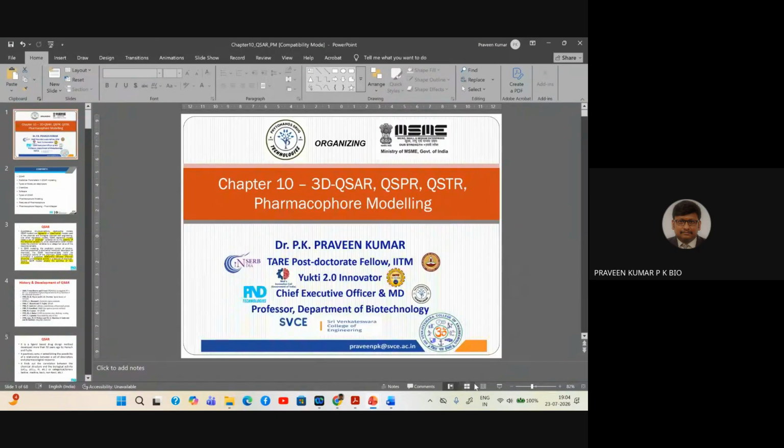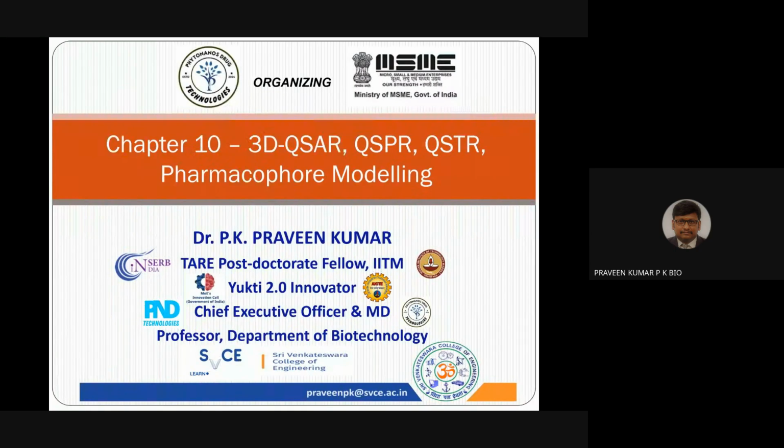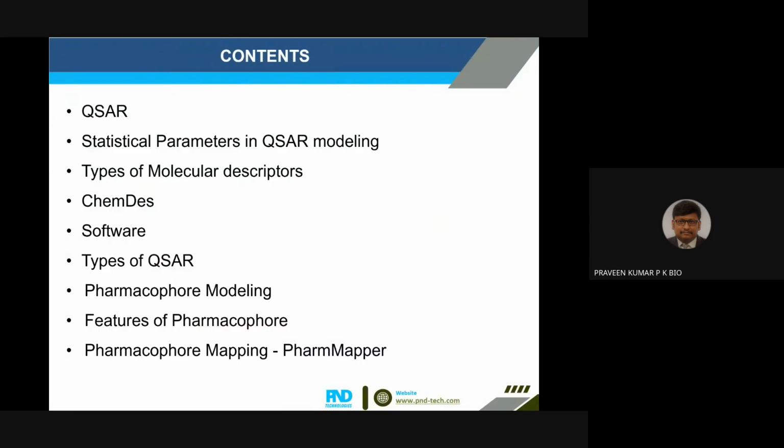As mentioned, we'll initially be discussing ligand-based drug design. Previously, whatever we discussed, molecular docking and MD simulation, comes under structure-based drug design. It means that we should have the 3D structure of the ligand as well as the 3D structure of the receptor to understand the binding interaction as well as the stability.